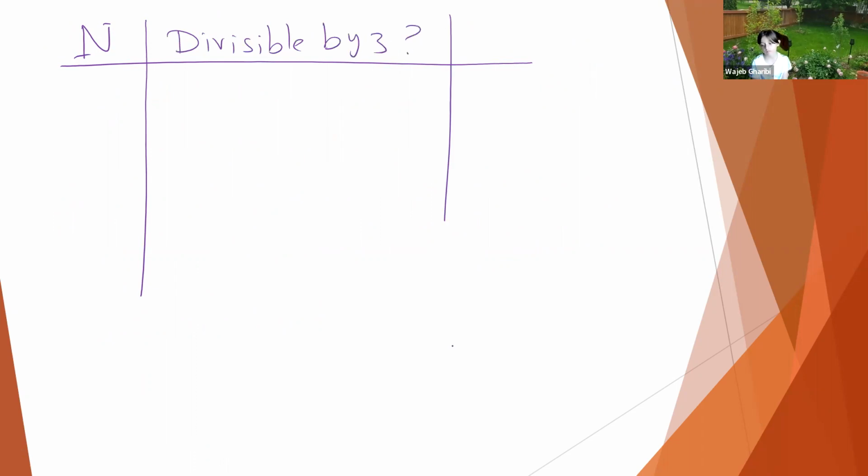Here is a number. Is it divisible by 3, yes or no, and why?